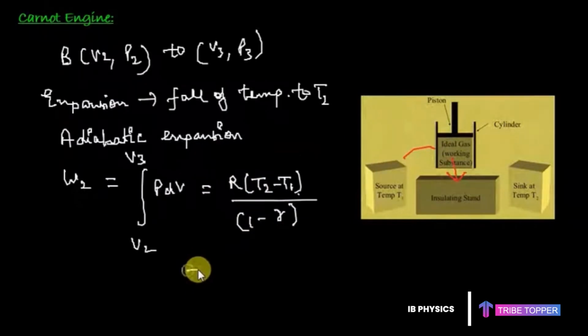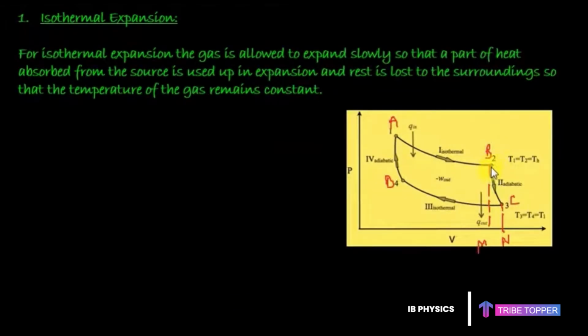If we talk in terms of the area, it is going to be the area only under this curve. This is the adiabatic expansion happening. So W2, the work done during adiabatic expansion, is going to be the area under the curve BCNMB.